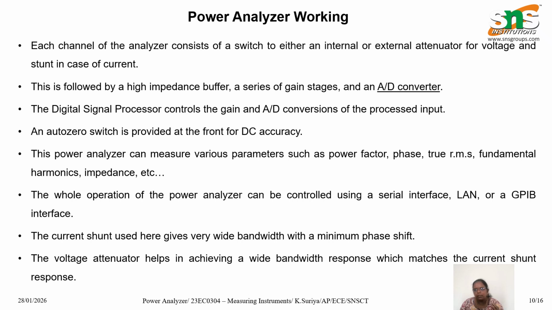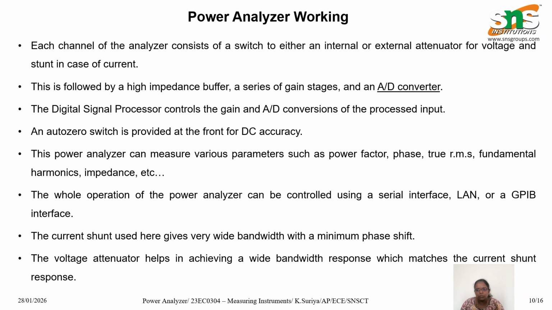Now let us discuss the working principle of the power analyzer. Each channel of the analyzer contains voltage attenuators and current shunts, followed by a high impedance buffer circuit and gain stages. The analog electrical signals are converted into digital signals using the ADC. After conversion, a DSP processor processes the data and calculates the important parameters such as RMS value, power factor, phase angle, harmonics, impedance, and true power.